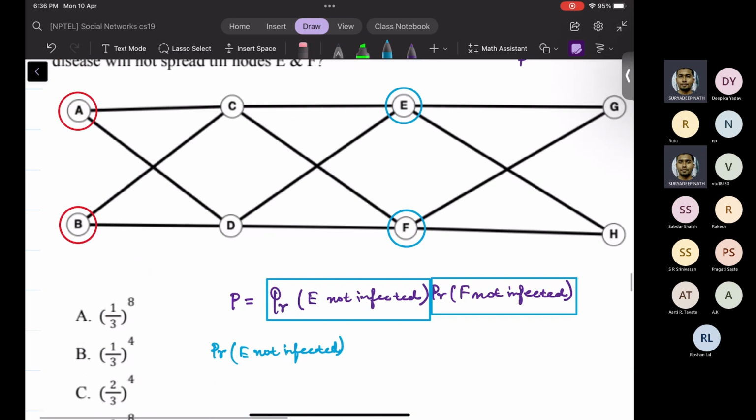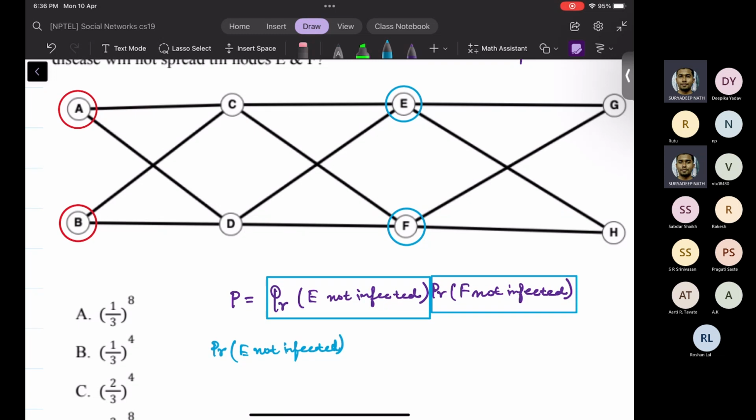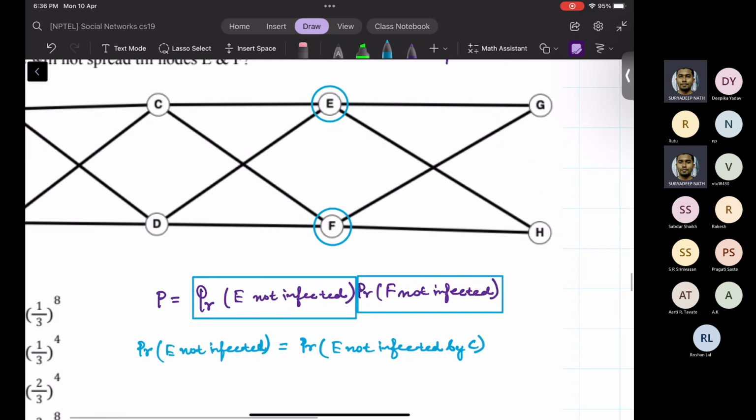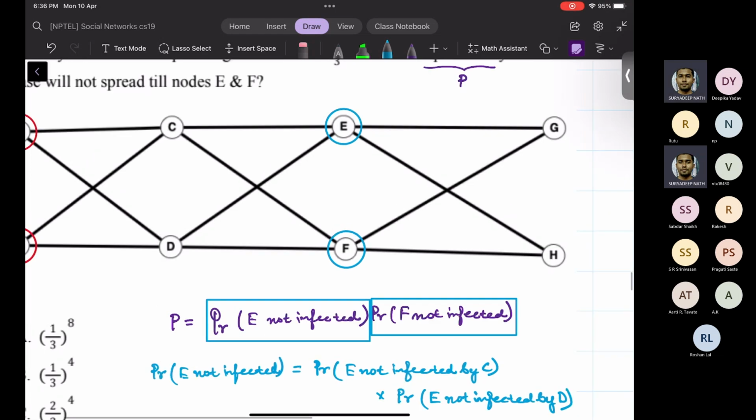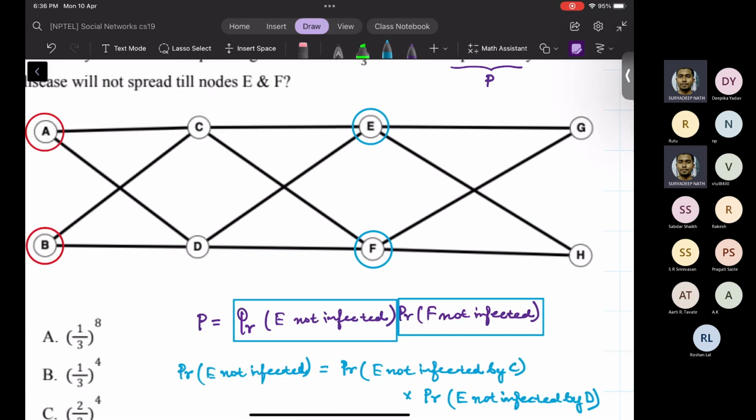Now if you take a look at the graph, E is connected to D and E is connected to C. So for E to be not infected, it has to be probability of E not infected by C into probability E not infected by D. Again, these are independent events because C and D are not connected in any way.